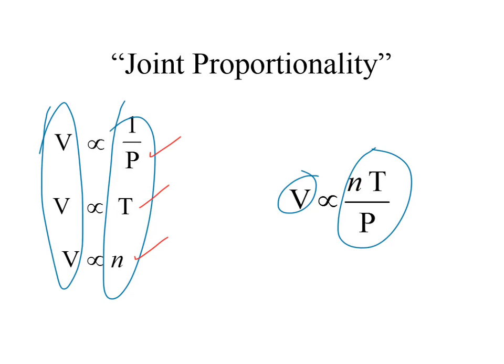We're going to get rid of that proportionality symbol and replace it with an equal sign. So V is equal to NTK over P.